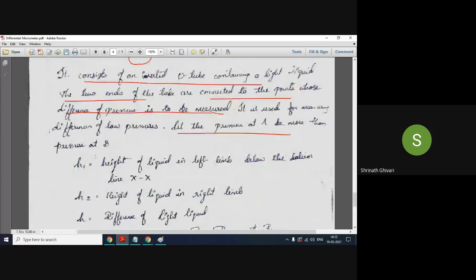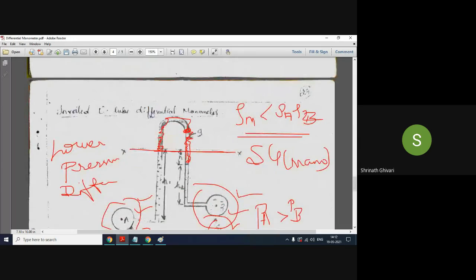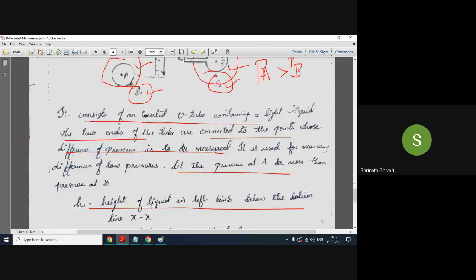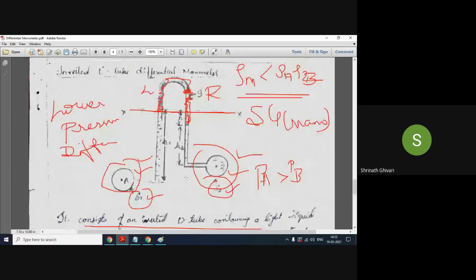Let H1 be the height of the liquid in the left limb, from this end to this end. This is left, this is right. H2 is the height of the liquid in the right limb.